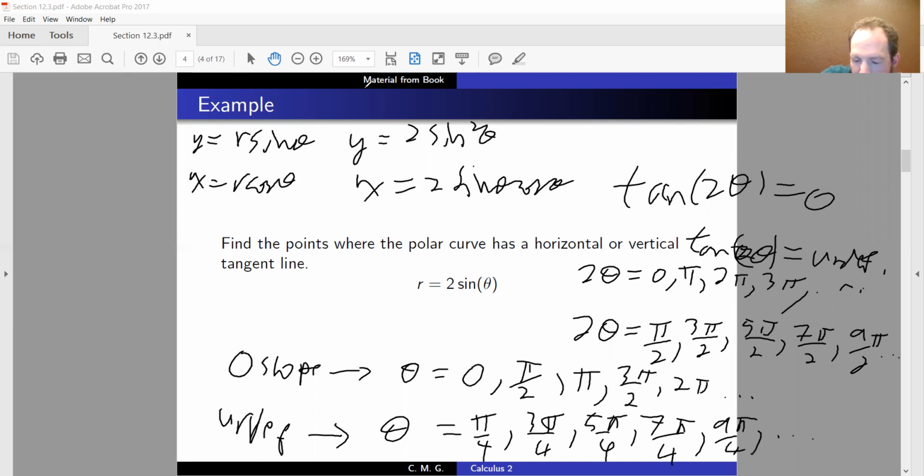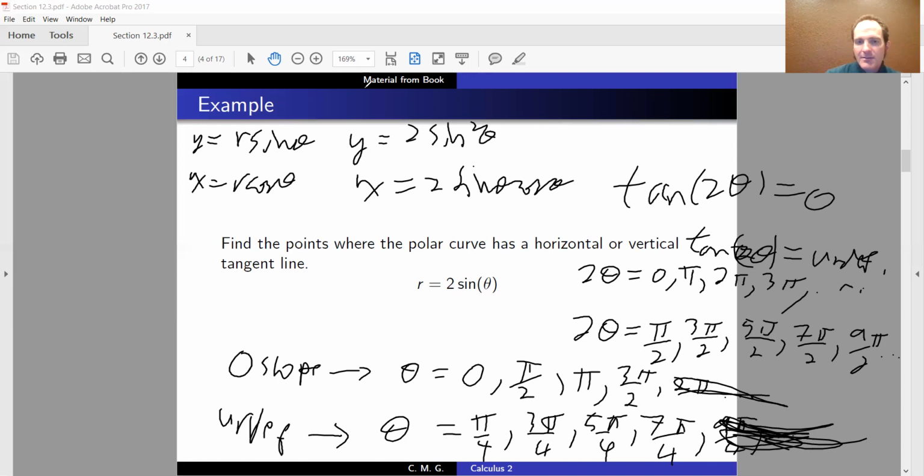And notice, if I'm thinking about my plane, I only have to go from 0 to 2 pi. And so I can cross out all the ones after this and get 0, pi over 2, pi, 3 pi over 2. Cross out all the ones from 9 pi over 4 and on. And so I get pi over 4, 3 pi over 4, 5 pi over 4, and 7 pi over 4.